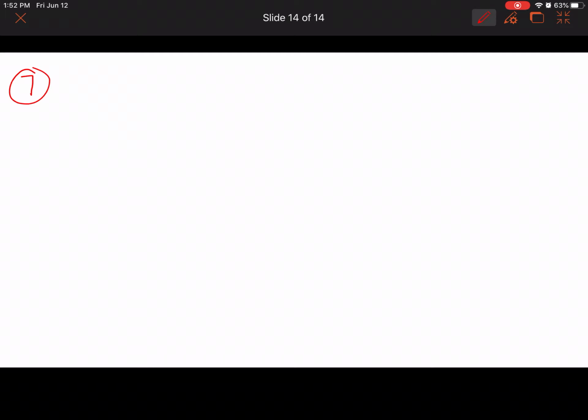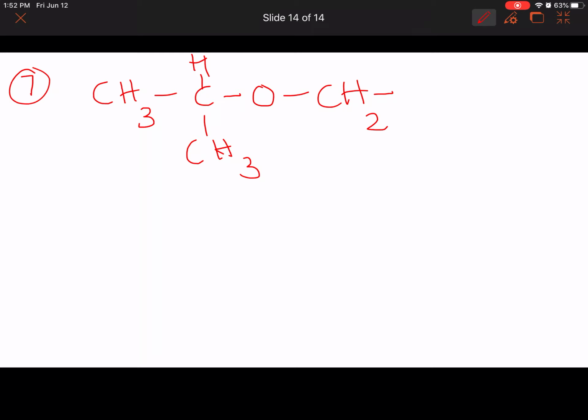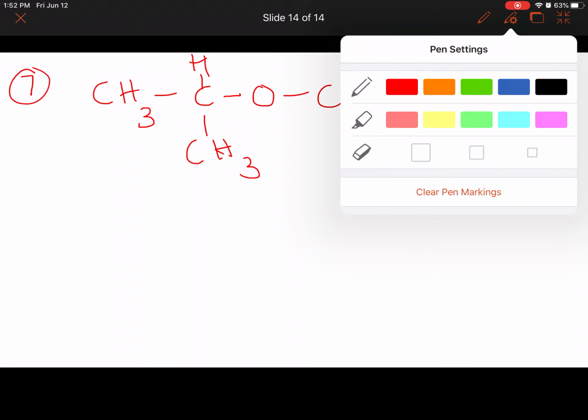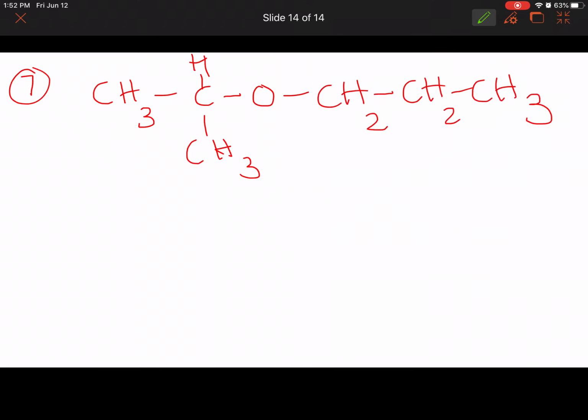Okay, so number 7. Number 7 is which of the following has the highest frequency. So you have a molecule like this, CH3, carbon, CH3, hydrogen, and then you have oxygen, CH2, CH2, CH3, and these are numbered.